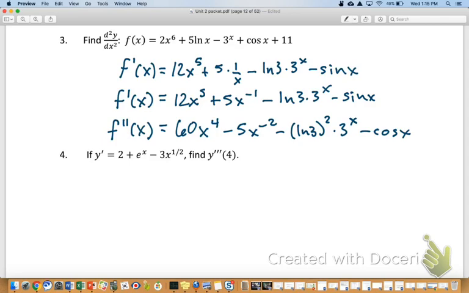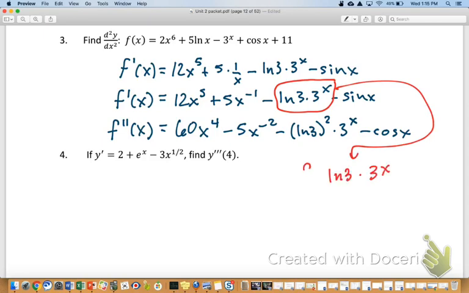How about that third term with the ln of 3 squared? Do I need to expand on that a little bit? Okay, let's talk about that. So let me just pull out the ln of 3 times 3 to the x. If I'm going to do the derivative of that, we need to recognize that ln of 3 is a constant multiple.